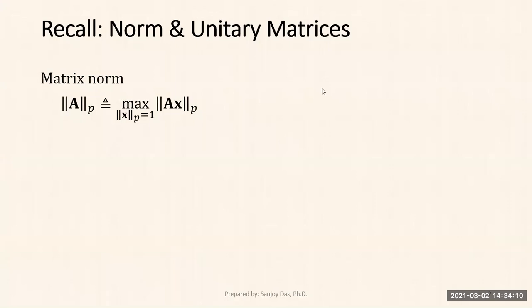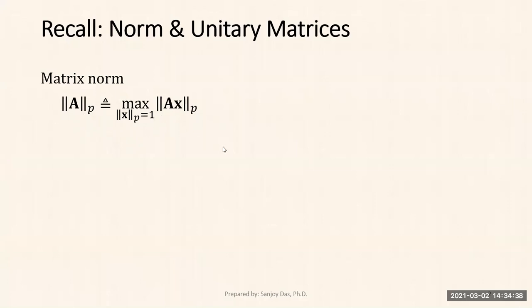Okay, now, before we begin with the actual topic, you should remember that the LP norm of a matrix is defined as the maximum of the LP norm of the vector AX, where the LP norm of the vector X is 1.